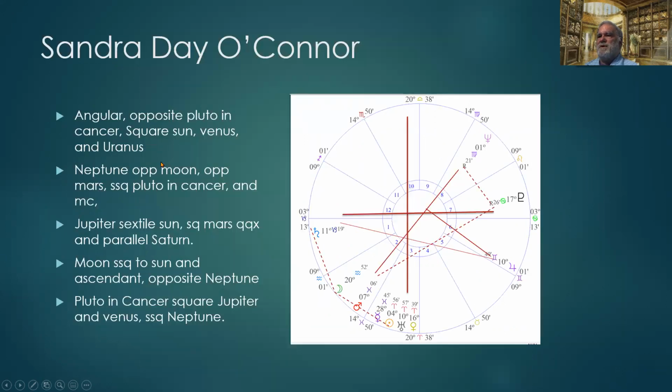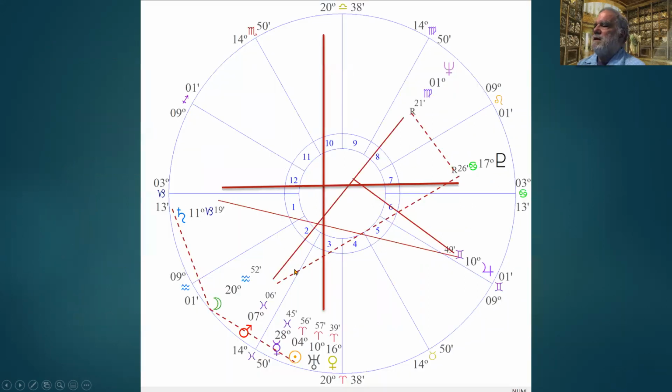It's opposite Pluto in Cancer, square Sun, Venus, and Uranus. Okay, so the Saturn is square down here, and I think that Saturn should be square to the midheaven also. So that qualifies for prominent and discordant, right?